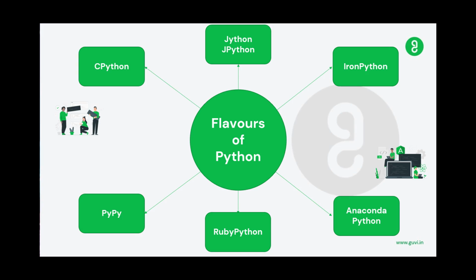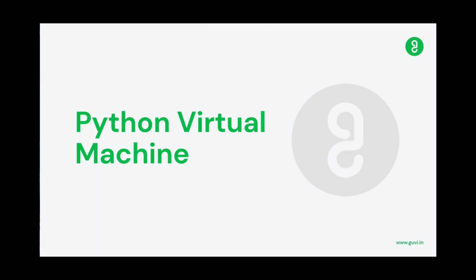Moving on, we also have to discuss what is a Python virtual machine. We've already had a discussion that Python is what? An object-oriented programming language, just like Java, but is also called an interpreted language.